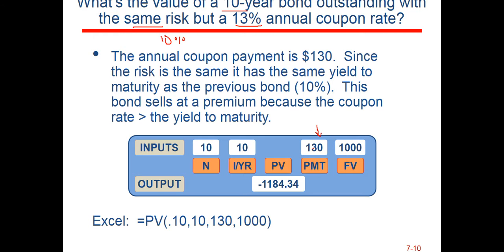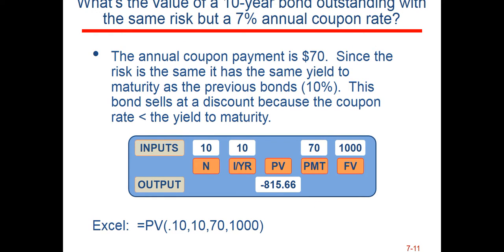You are getting more payments this time compared to the other example where you are getting 10% coupon, so $100. When you do the math, you are going to find that the value of the bond is $815 or $816 roughly. And the reason why it's lower than $1,000, why you are paying less, is because you are getting more payments.